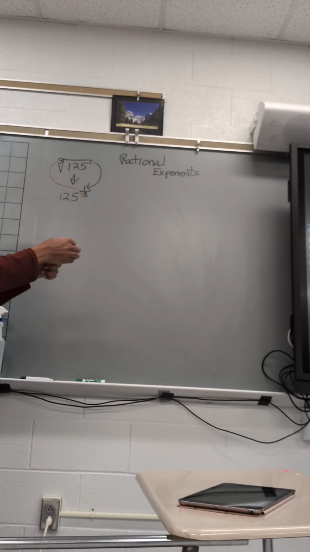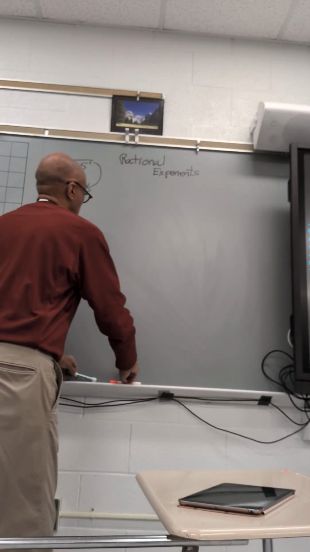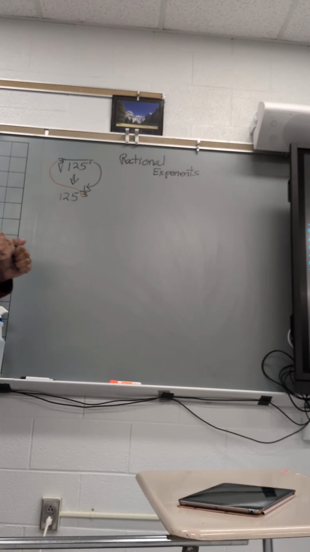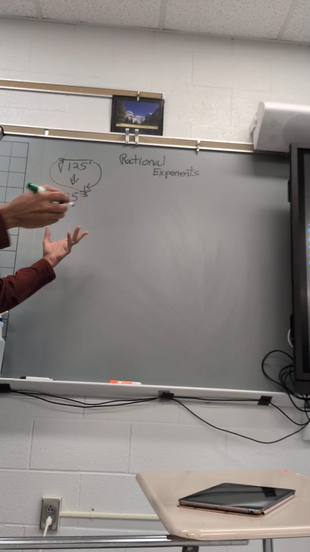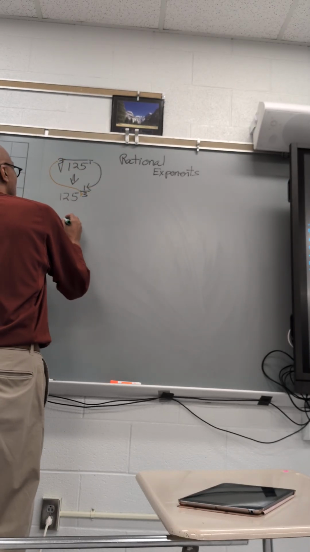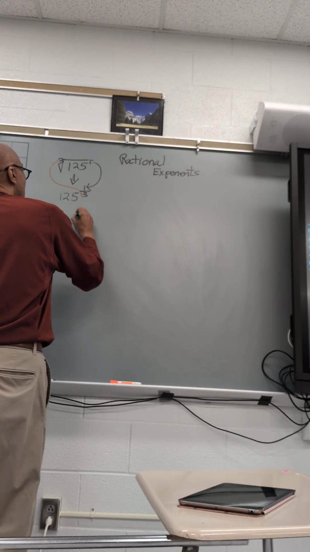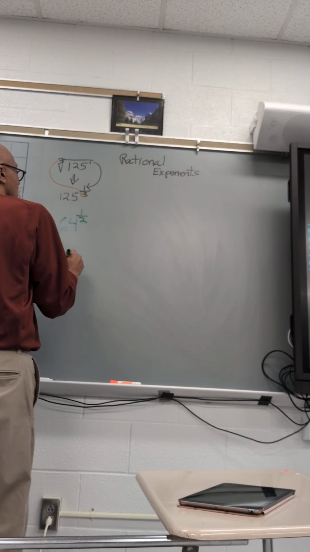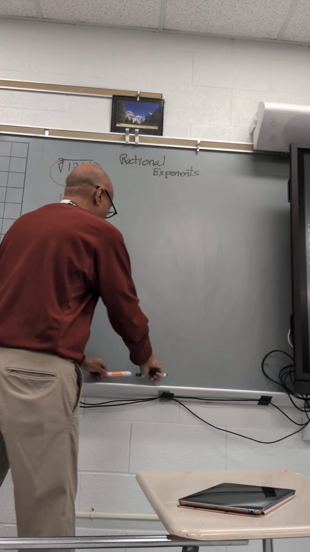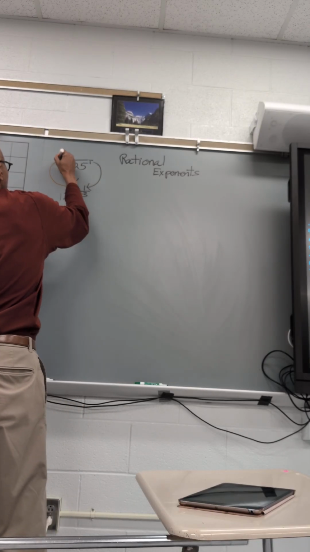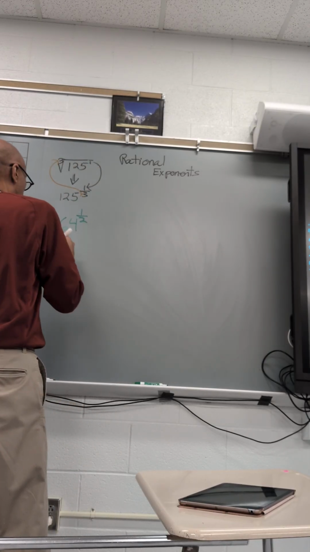And obviously vice versa. If we have something such as 64 to the 1/2, let's put arrows on both sides, because we can go back and forth.